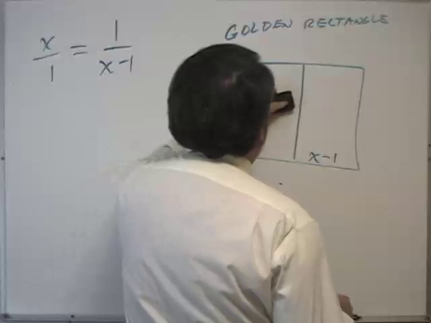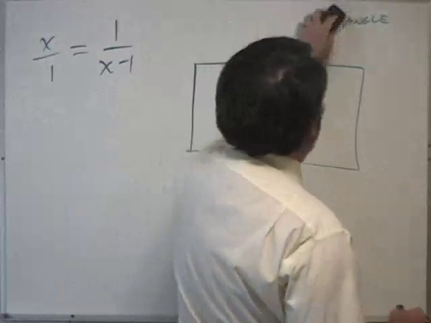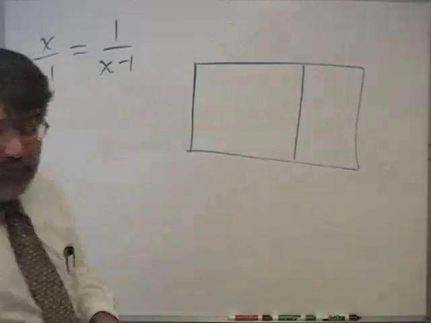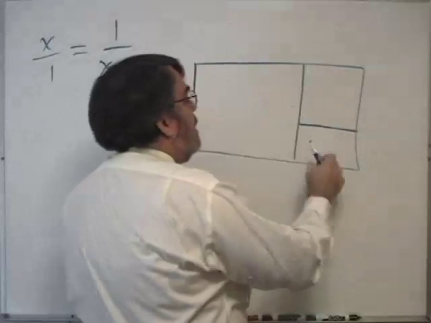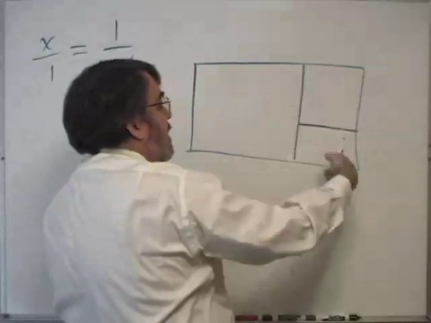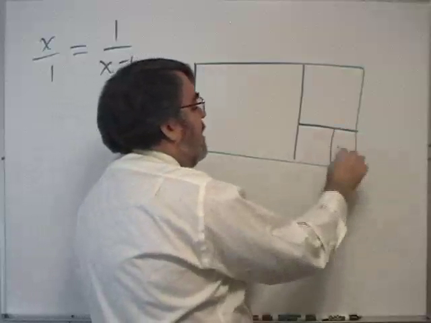If I took a golden rectangle and continued to subtract off squares, taking the square from this rectangle results in this golden rectangle, and subtract the square off there.